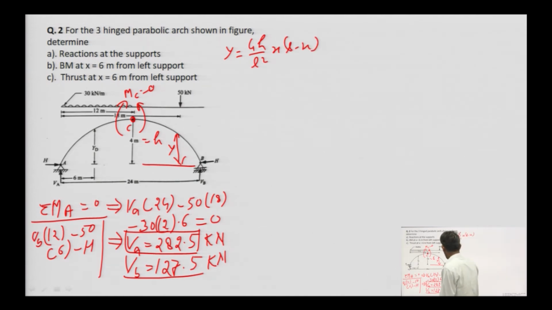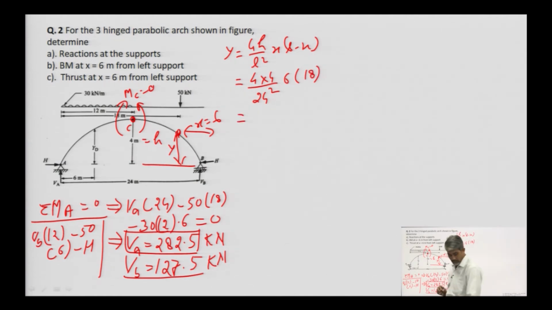Considering point B as origin, the value of x in this case will be 6, and L is the same. So, putting the values, 4 into 4 by 24 square, x is 6, and L minus x is 24 minus 6, which means 18.